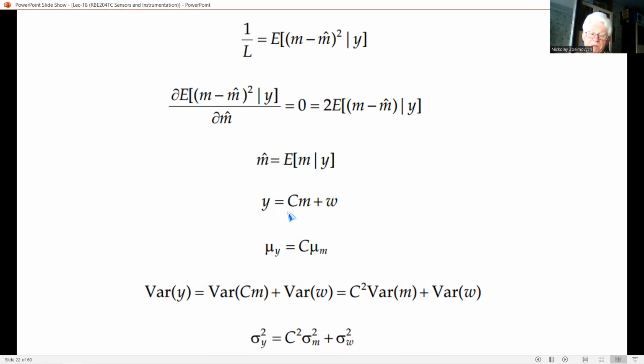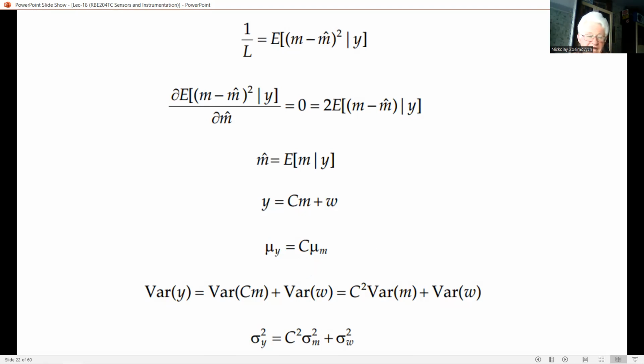The variables and parameters in this equation are defined in the list of assumptions given in the beginning. Since W is zero mean, we have the following relation between the mean values of M and Y: mu_Y is simply C times mu_M.